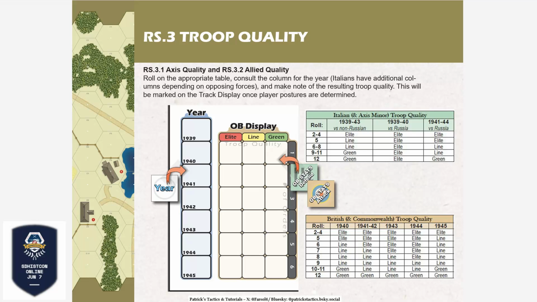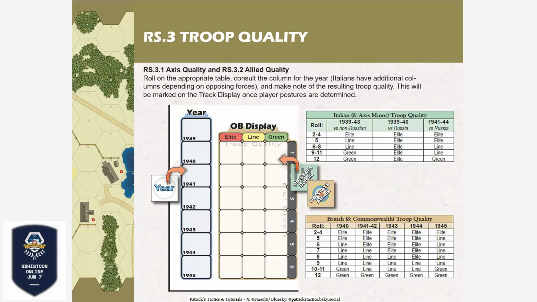So next up is you get assigned your troop quality. And like everything else we've mentioned, if you've got a preference towards or away from one of these, you don't have to do the roll-up. But if you are, this is, again, just random, and it's based on troop quality for that year in general.